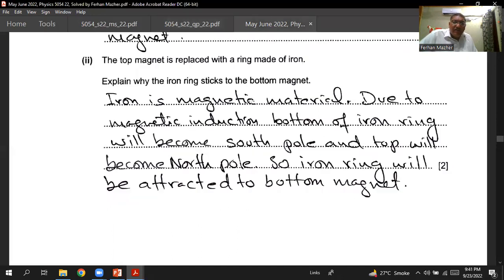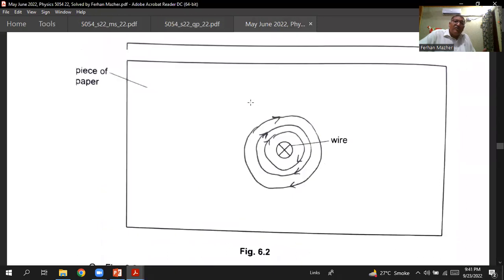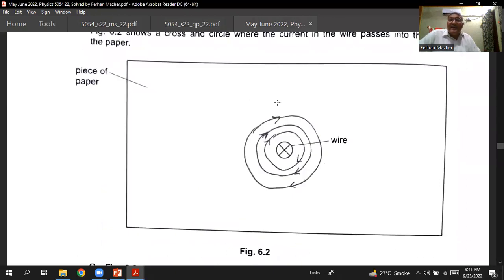So I will make three or four concentric circles, and you can see the concentric circles here, and I will put arrows to show the magnetic field. The magnetic field will be circular and clockwise. If you want to go deeper, the initial circles are closer to each other, and the distance between the circles should gradually increase as you move away from the wire. This is how you will show it.